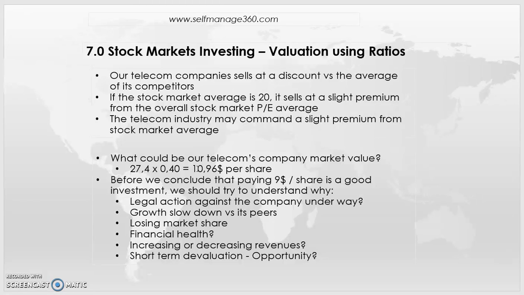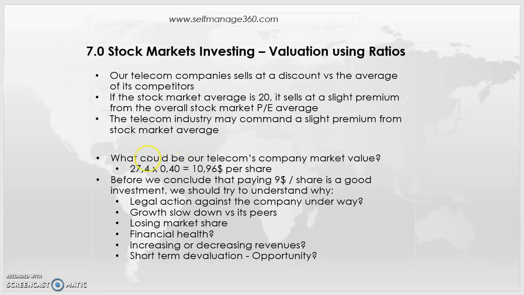So we could see that paying $9, which is what our fictional company is currently selling at, would be paying a discount to the industry, which can be interesting, obviously.